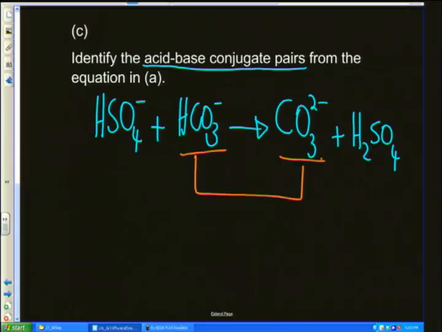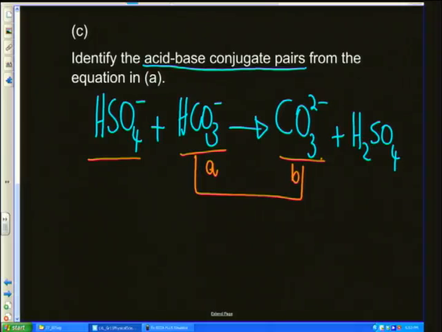And immediately we can see that this bicarbonate ion donated a proton, so it is the acid. And the bisulfate received a proton. But the bicarbonate, on donating the proton, became the CO3 2 minus. Therefore, the CO3 2 minus becomes the conjugate base of HCO3 minus.